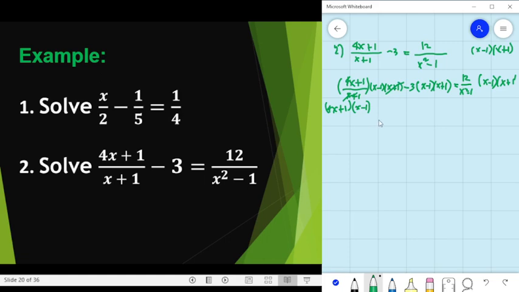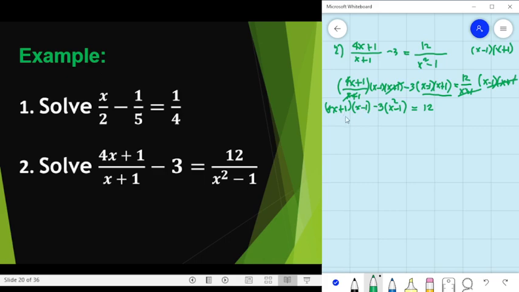So we can immediately multiply these two, which is easy, right? We already factored it. So we multiply x squared minus 1, is equal to, the x squared minus 1 cancels out on these two. So therefore, it would be equal to 12.